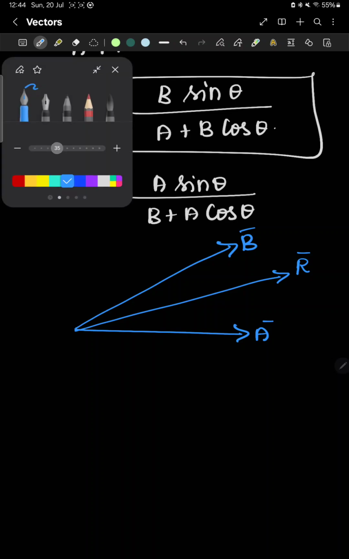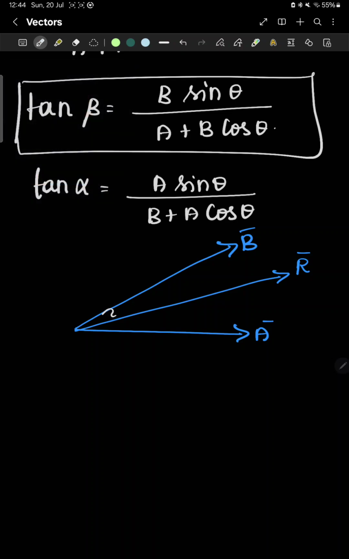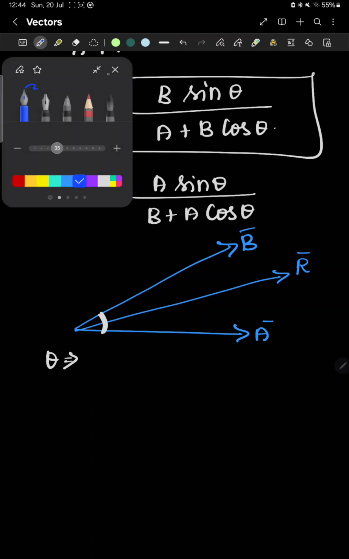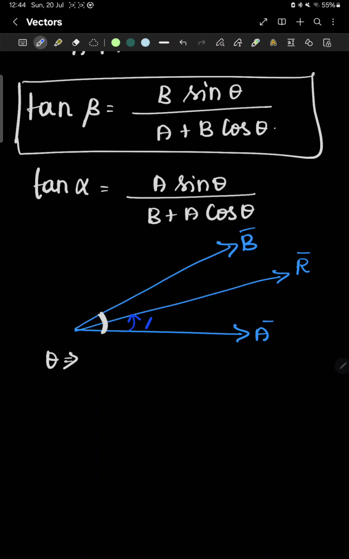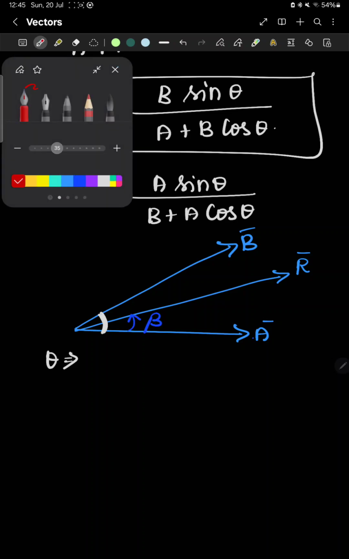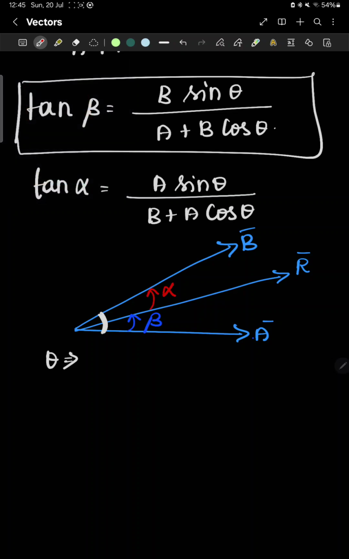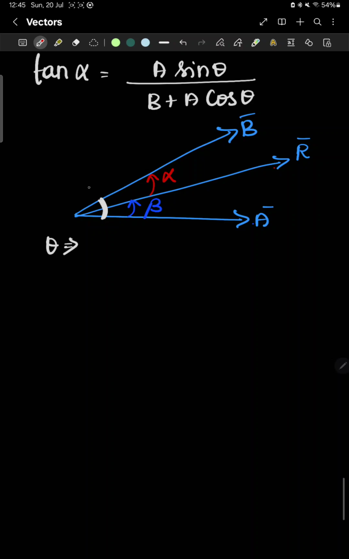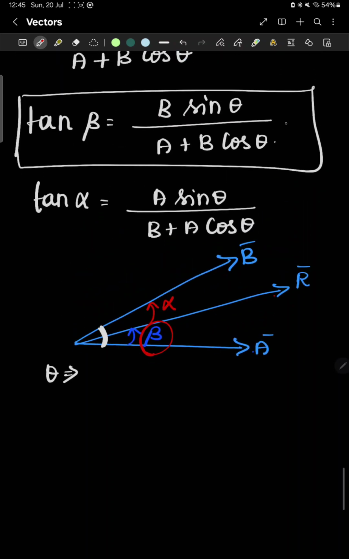Now this theta will be the angle between A vector and B vector, and this beta will be the angle between A vector and the resultant vector. Then alpha will be the angle between R vector and B vector. So these are the things we have to keep in mind. If I am calculating R vector, I have to use this formula. If I am calculating alpha, I can use this formula.